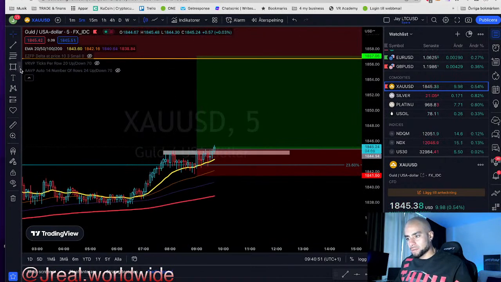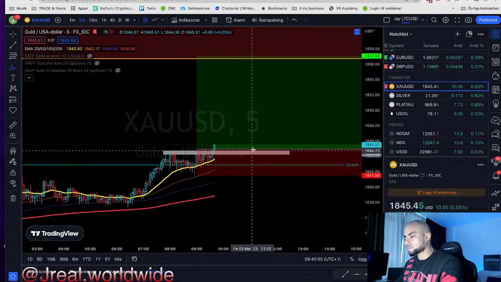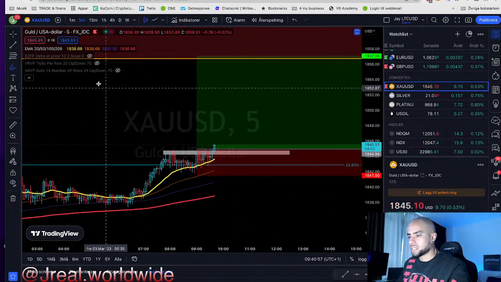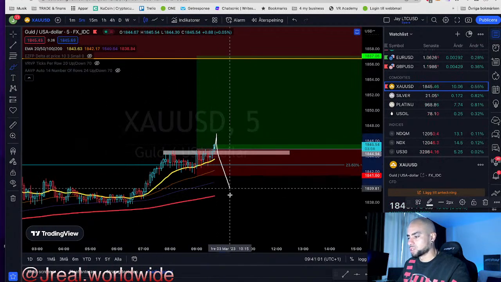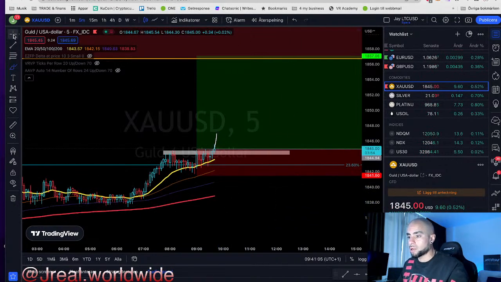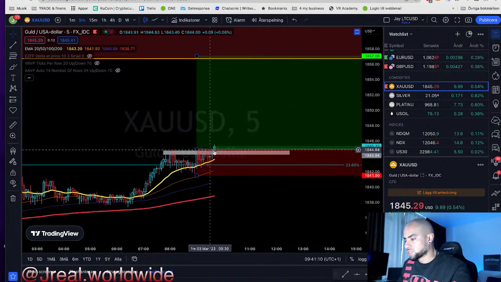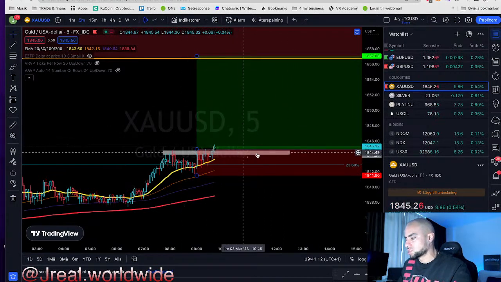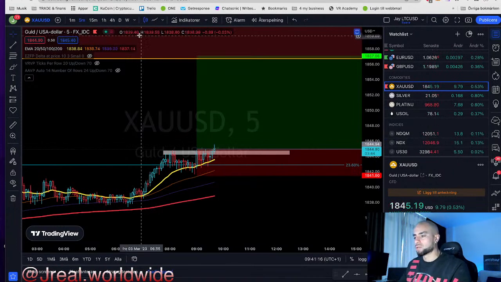But you gotta wait for this candle to close above here, because what it can do is fake you out. Come up and then just do this run down. This is how people get faked out. If we want to do a scalp, then it's a perfect entry. If you want to go for a day trade, you gotta wait for this candle to close above this whole resistance zone here. We got 3 minutes and 40 seconds left on the candle.